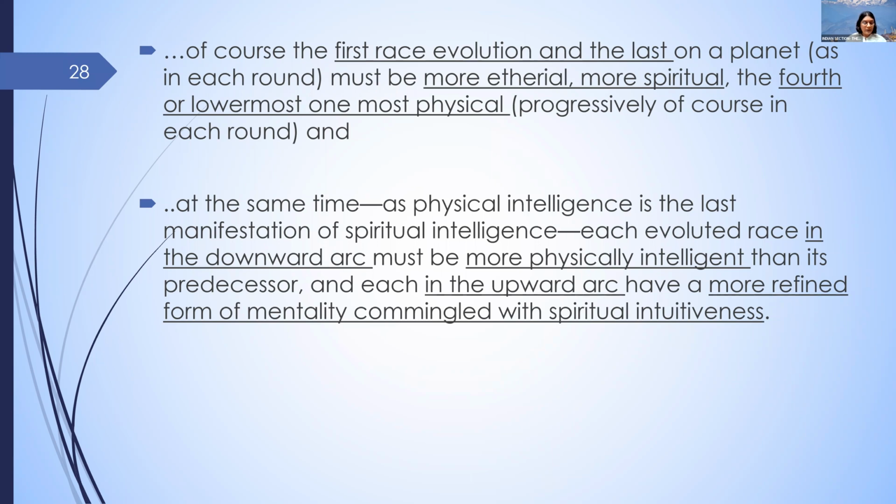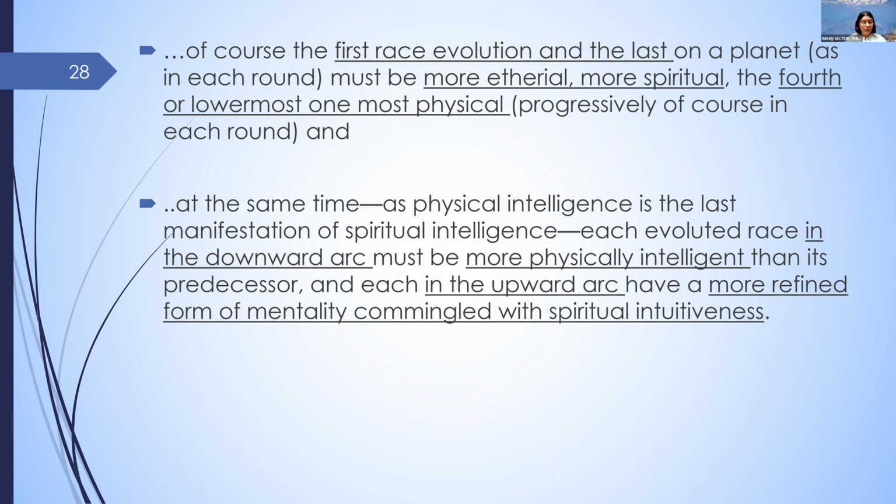In the descending arc of evolution of races, that means from the first root race to the fourth root race, the mind or the physical intelligence is becoming increasingly active. That is the Manas principle. And we know that this Manas principle was activated in the middle of the third root race.